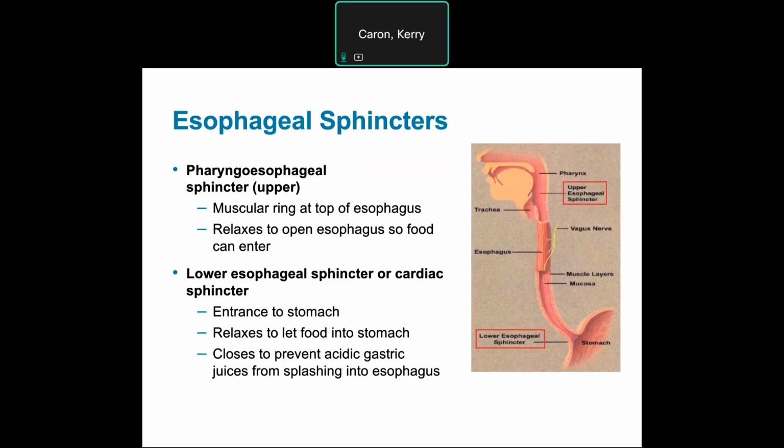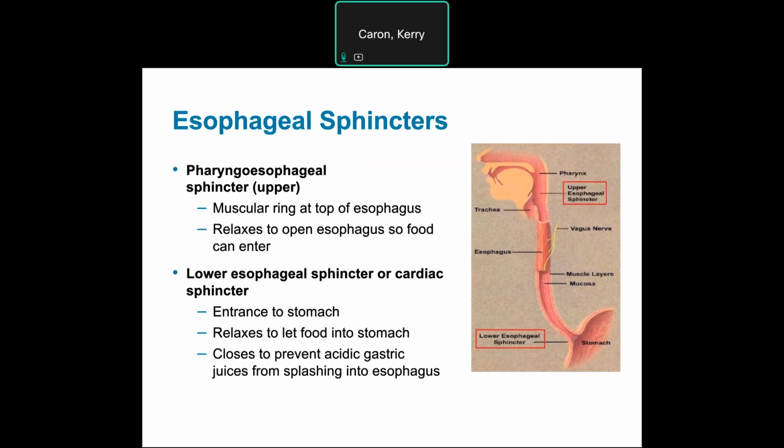Will take the paint off a car if you vomit it outside a car. We don't want that acidic content coming up through the esophagus, giving us heartburn and destroying the lining of that beautiful esophagus. So that lower esophageal sphincter opens and closes to prevent splashing of gastric juices back up.